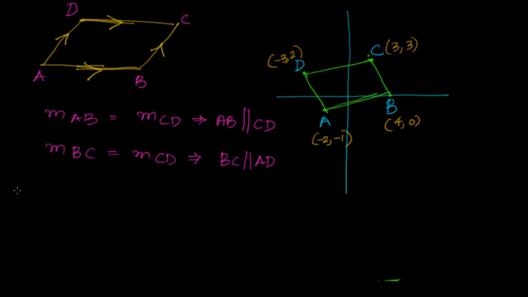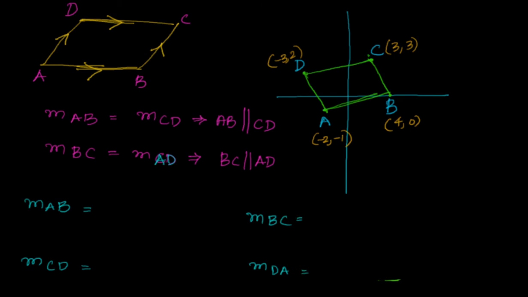So we'll go ahead and find the slopes. What is the slope of AB? What is the slope of CD? Similarly, what is the slope of BC? What is the slope of DA? You can take either DA or AD. Okay, let's do that one by one.